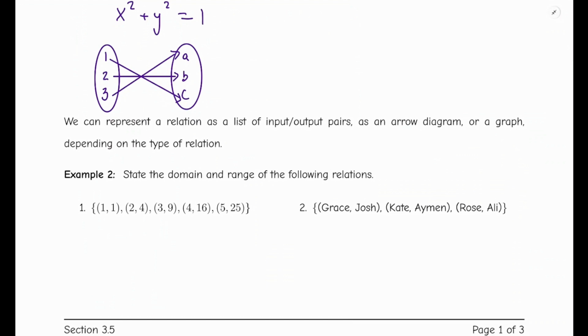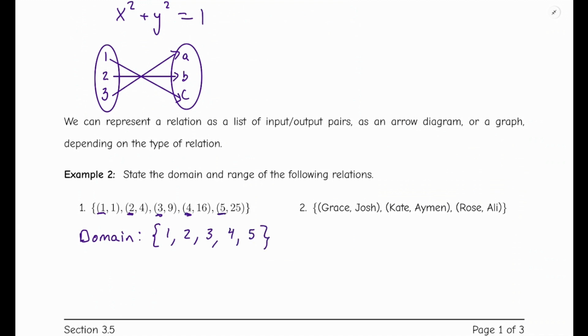Example 2, state the domain and range of the following relations. So the domain for this one is, again, the set of all inputs. So we have 1, 2, 3, 4, and 5.